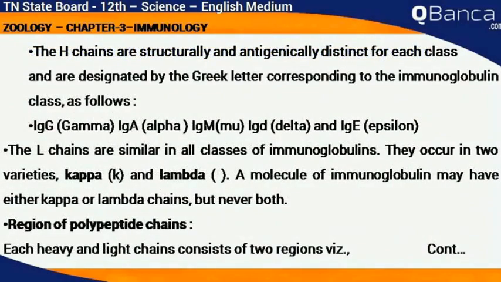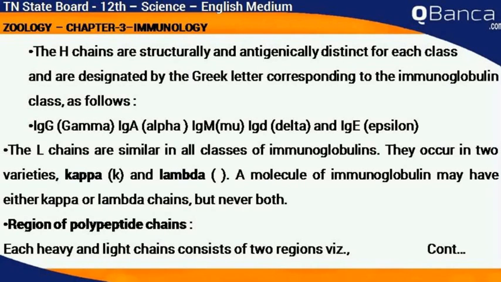The H chains are structurally and antigenically distinct for each class and are designated by the Greek letter corresponding to the immunoglobulin class as follows: immunoglobulin G, gamma; IgA, alpha; IgM, mu; IgD, delta; and IgE, epsilon.